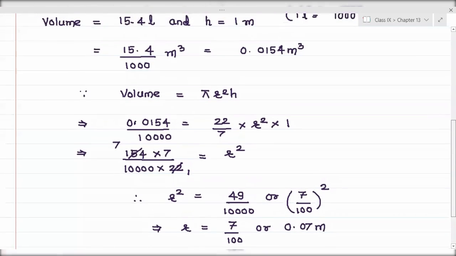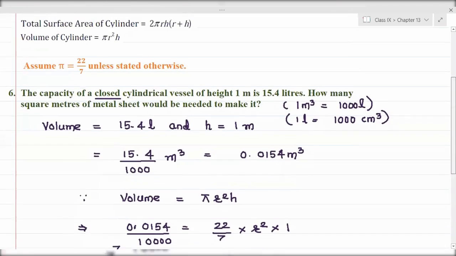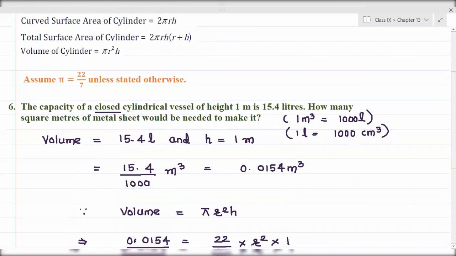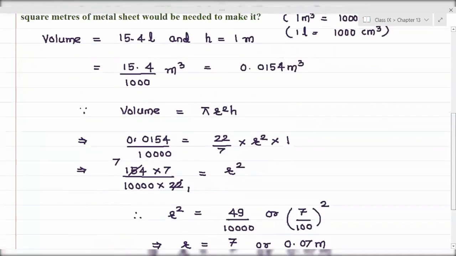Okay, but our task is not over. Now we have to find out how many square meter of metal sheet would be needed to make it. So see, here we have to find out the area. As I have told you, since we are making the closed cylinder, we need to find out the total surface area.